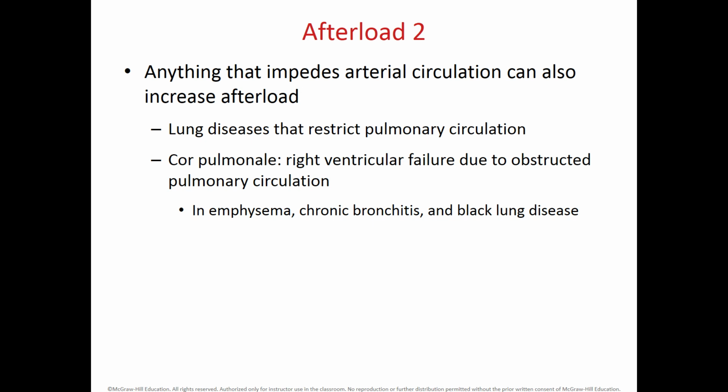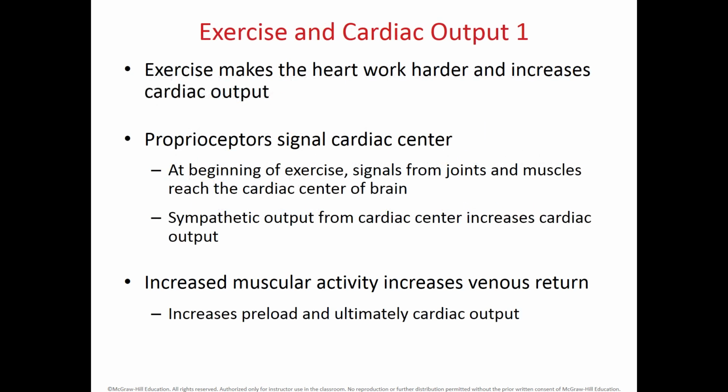So the afterload will be anything that impedes arterial circulation. For instance, lung diseases can impede pulmonary circulation. You can have cor pulmonale, in which the right ventricle fails to pump blood into the pulmonary circulation because of chronic bronchitis, emphysema, blocked lung disease, fibrosis within the lungs, or resistance within the lung tissue.